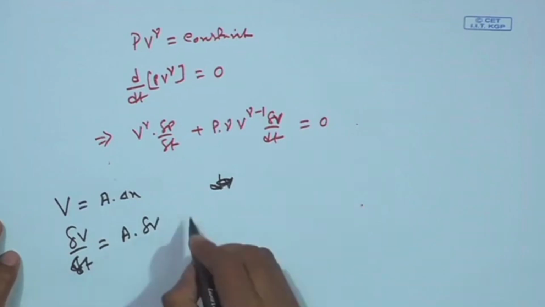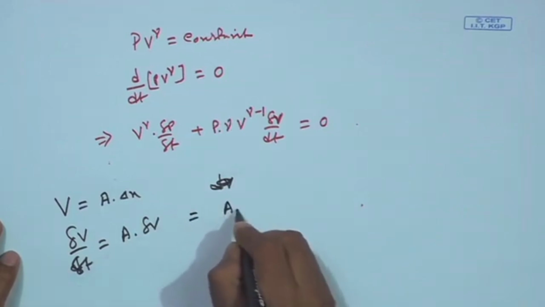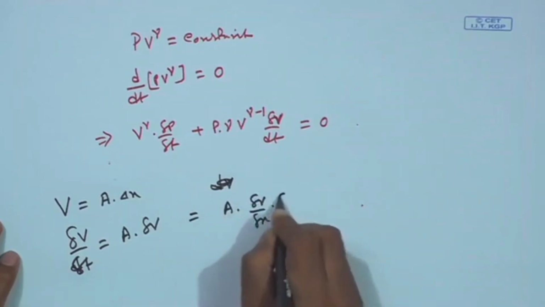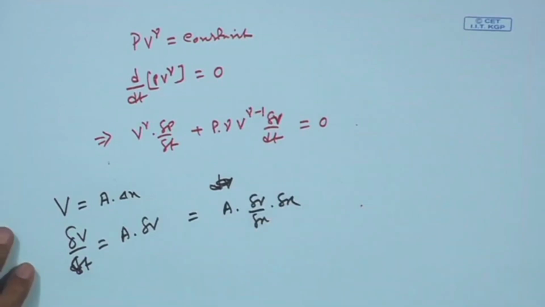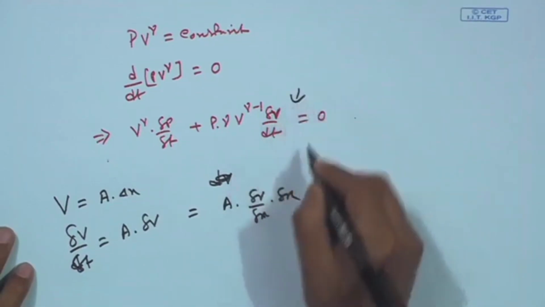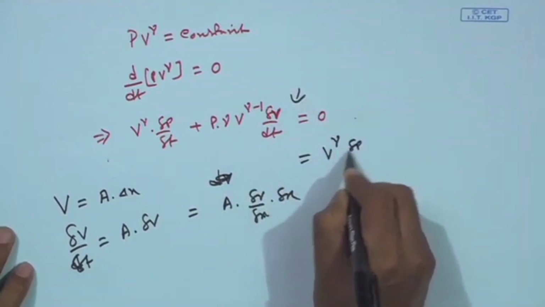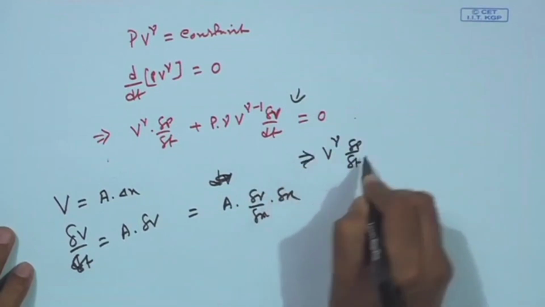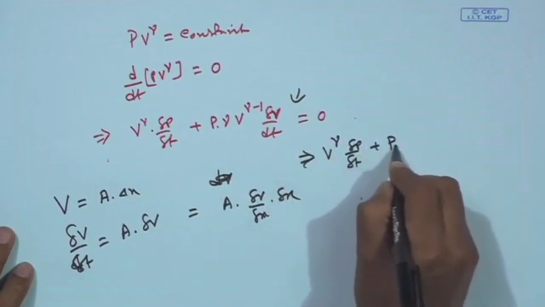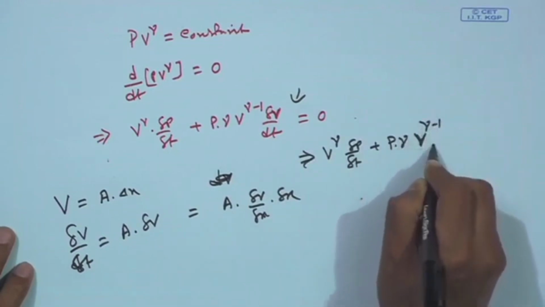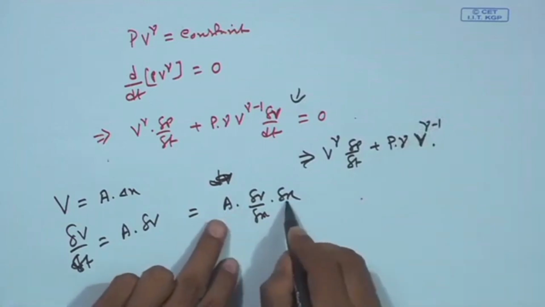Okay. If it is that, then I can write a into del V by del x into del x. Now, I put this one in here. So, what I get? V to the power gamma del p by del t plus p gamma V to the power gamma minus 1 into a into del x.